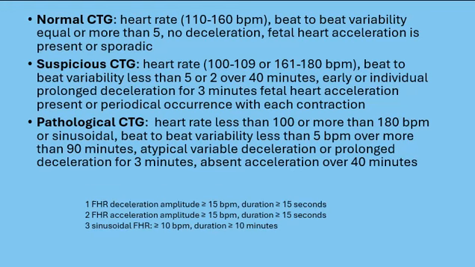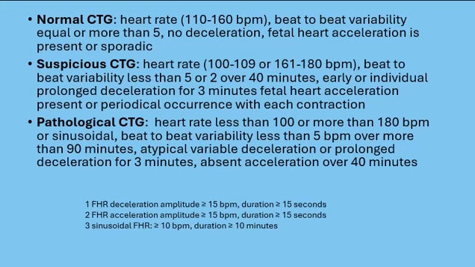Pathological CTG: heart rate less than 100 or more than 180 BPM or sinusoidal, beat-to-beat variability less than 5 BPM over more than 90 minutes, atypical variable deceleration or prolonged deceleration for 3 minutes, absent acceleration over 40 minutes. 1.